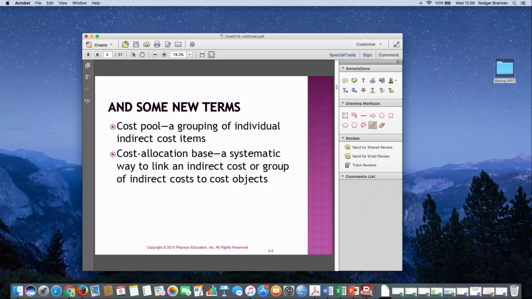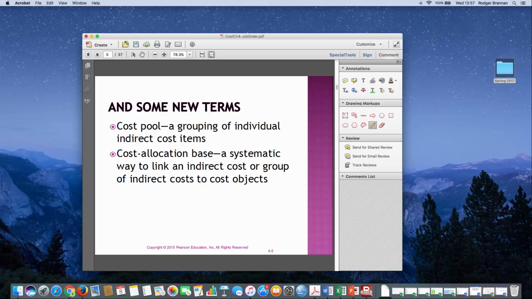A cost pool is simply a grouping of indirect costs. Generally, in the ledger you may have hundreds, maybe even thousands of indirect costs, and it becomes really unwieldy to work with. So often engineers and cost accountants will sit and say, okay, how can we group some of these together?